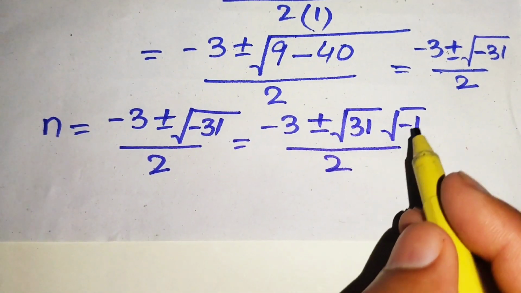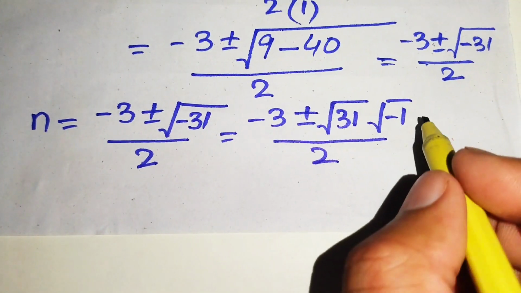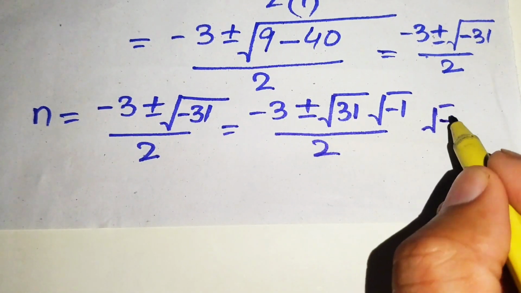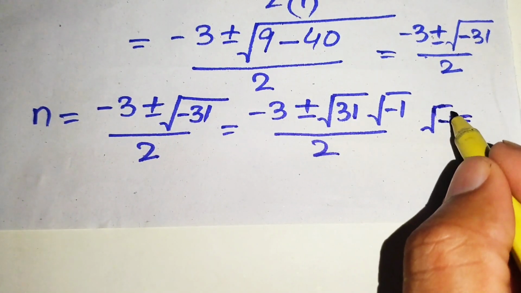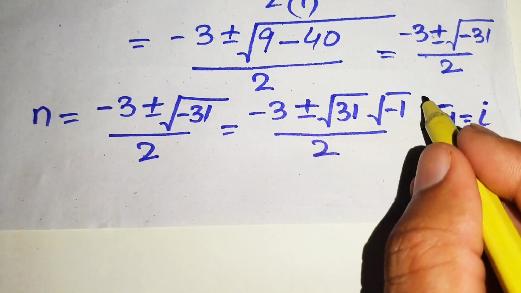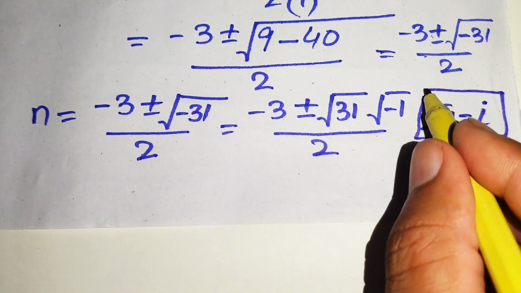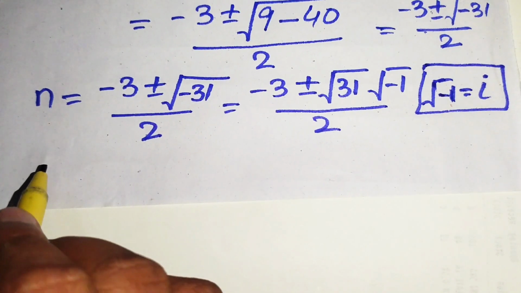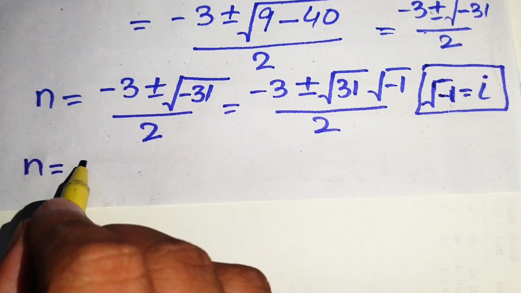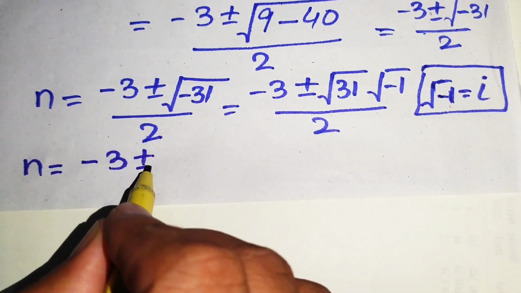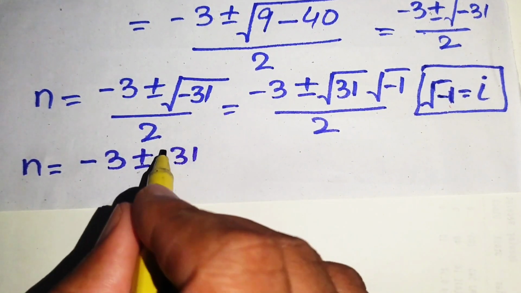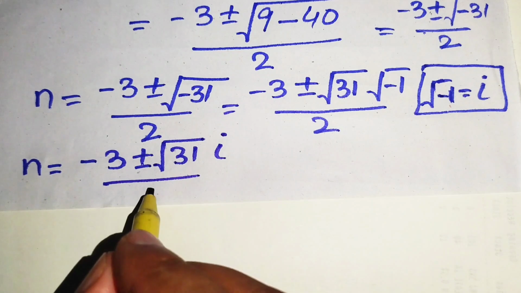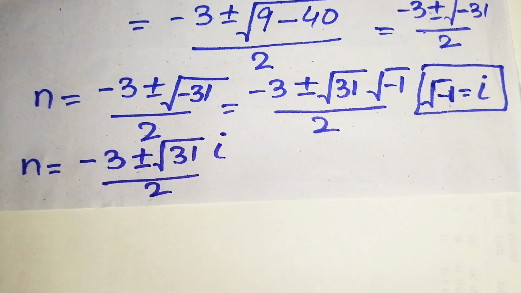We know that the square root of minus 1 equals iota, because we use this complex fact: square root of minus 1 equals iota. So we substitute this, and we get n equals minus 3 plus minus square root of 31 times iota, divided by 2.